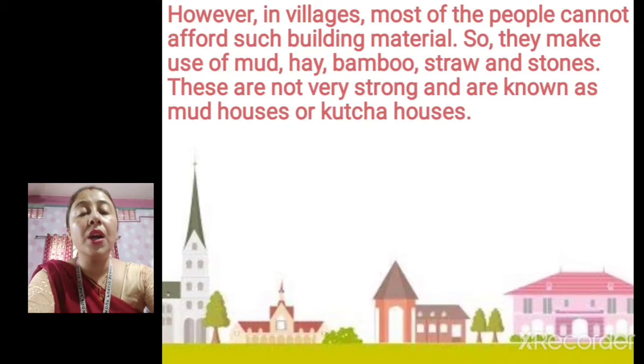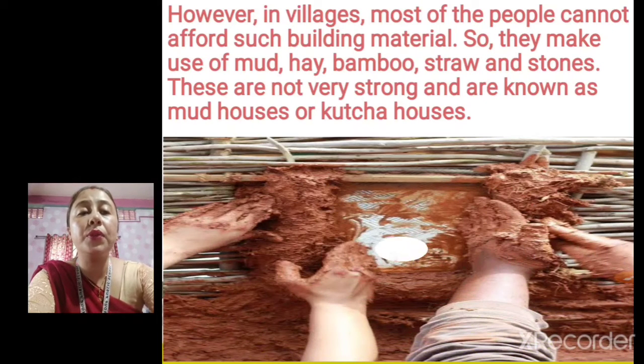Now, however, in villages, most of the people cannot afford to buy such building materials. They don't have enough money to buy such building materials. So they make use of mud, hay, bamboo, straw and stone, as you can see in the picture.